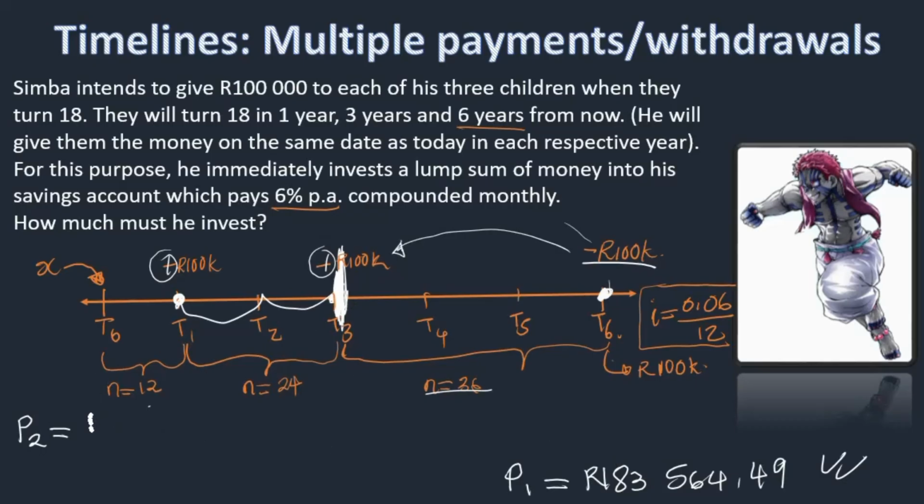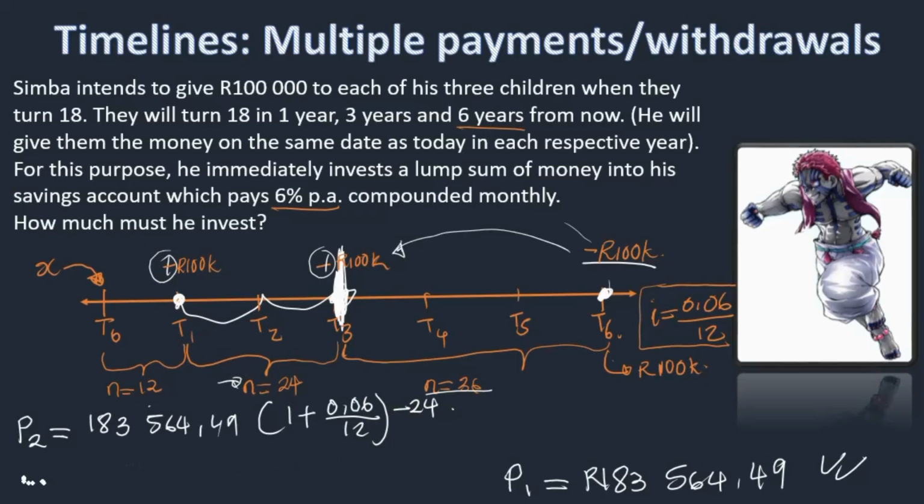So I'm having 183,564.49, and I'm calculating this backwards now. I have 1 plus 0.06 over 12. How long am I calculating for? For an n of 24, so I'll say negative 24. Remember, I'm counting backwards.